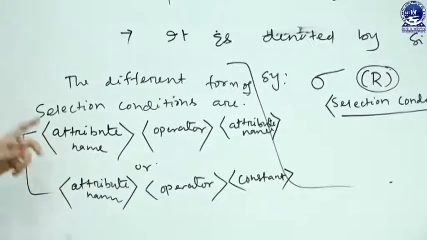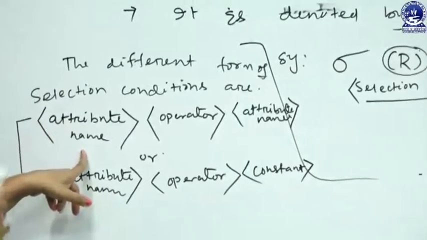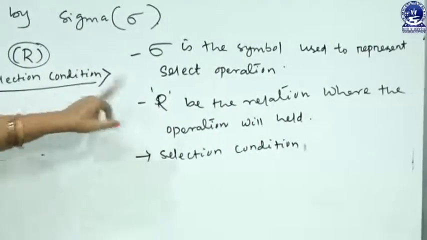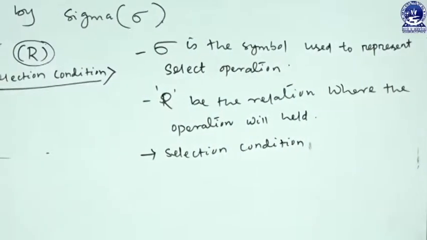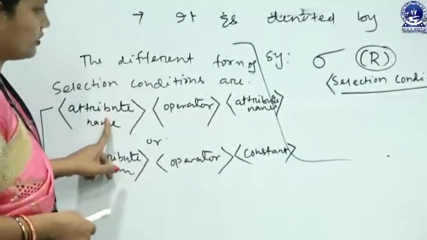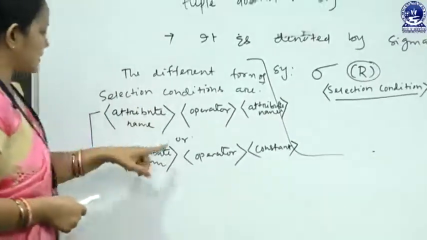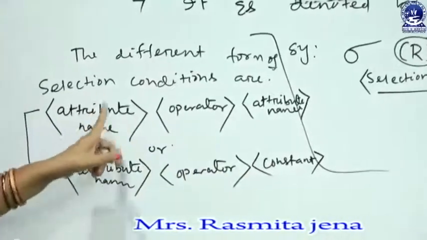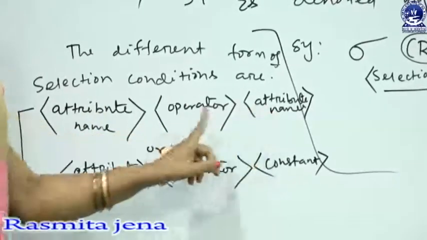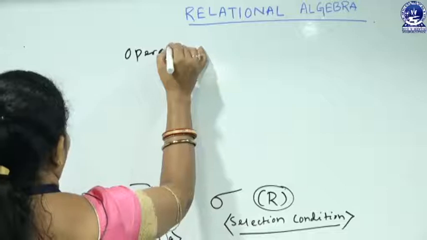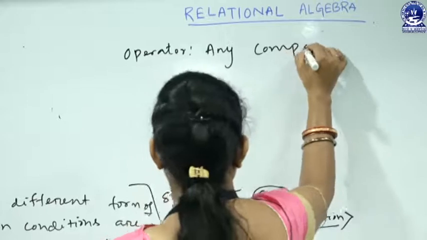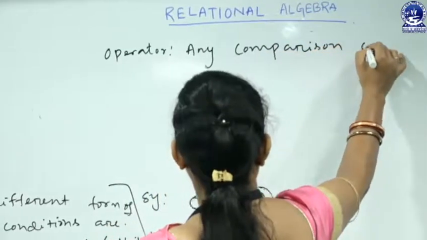Here, attribute name means one of the attributes of relation R. Okay. In the first form, both are attribute names, each one an attribute of the relation R, and in the second form it is attribute name, operator, constant. Operator means any comparison operator. Okay.